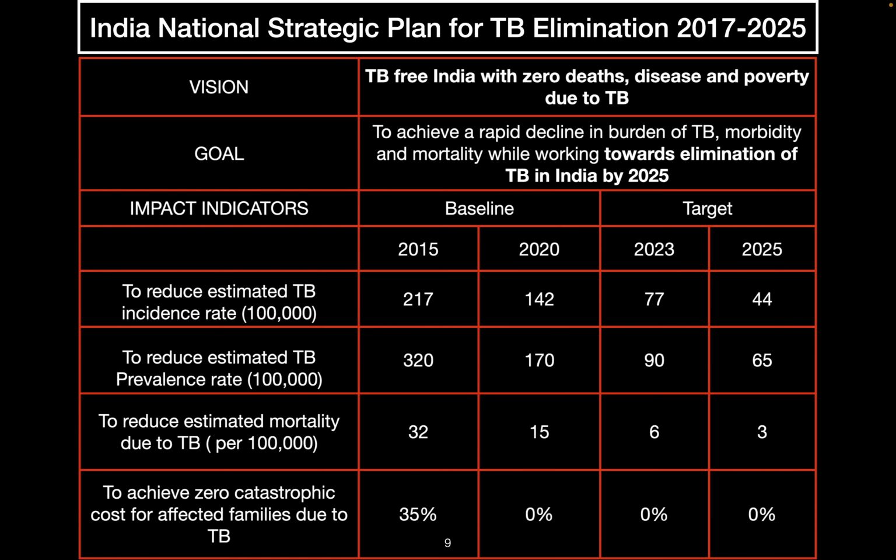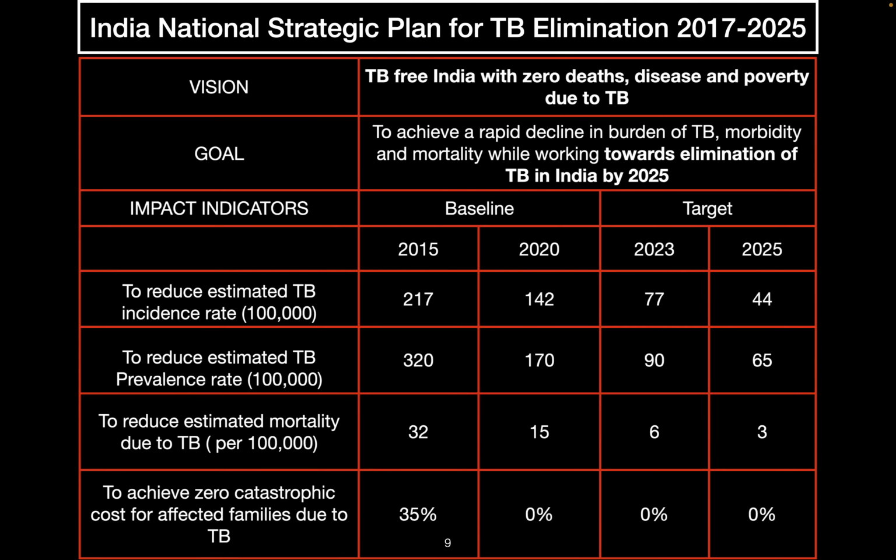We want to reduce the mortality due to TB to less than 3 per 1 lakh, and the catastrophic cost should definitely be 0. So if we want to eliminate TB, we need to achieve the incidence reduction to 44, prevalence rate reduction to 65, mortality due to TB to 3, and catastrophic cost to 0.